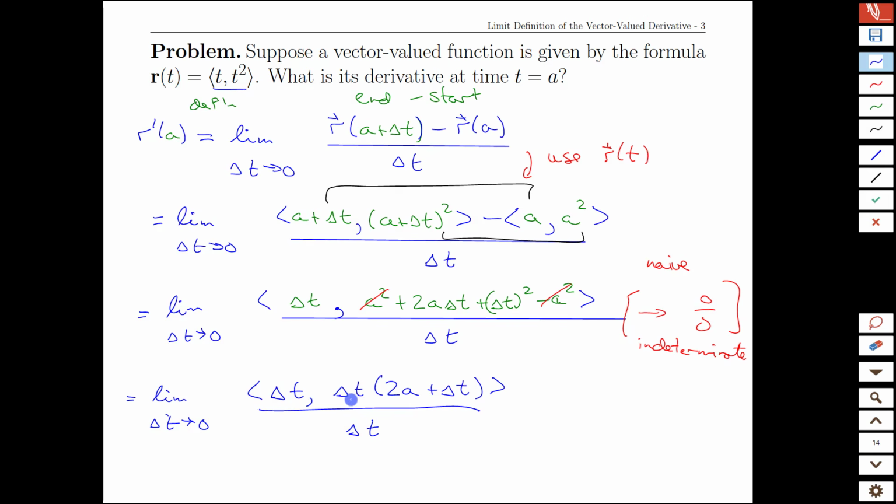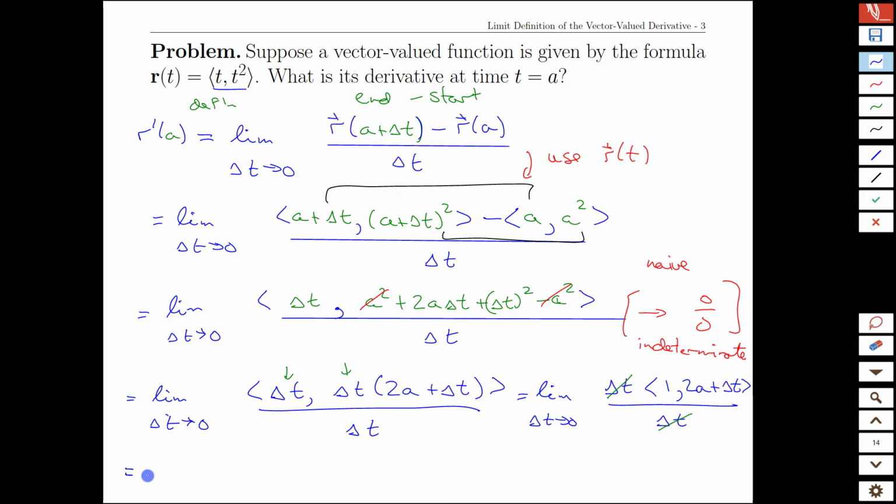But because this is a vector, we have a common factor in each of the x and the y components, which allows us to factor out a common scalar factor, which is delta t. We take it out of both of these, we're left with a 1 and then a 2a plus delta t over delta t. And now we reach that point where we can actually cancel those two delta t's, numerator and denominator. All of a sudden our 0 over 0 problem goes away.